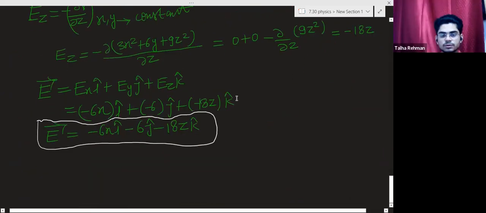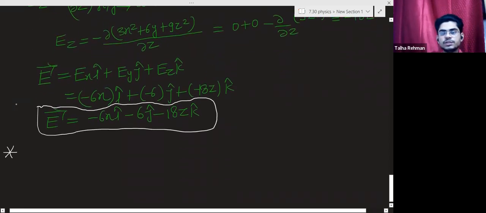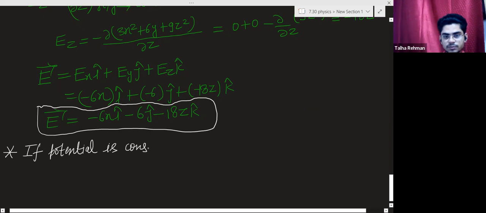So now I have one more point. In the earlier examples, the potential is not constant. It is varying with x, y and z. Now, suppose potential is constant. Constant means dV equal to 0.